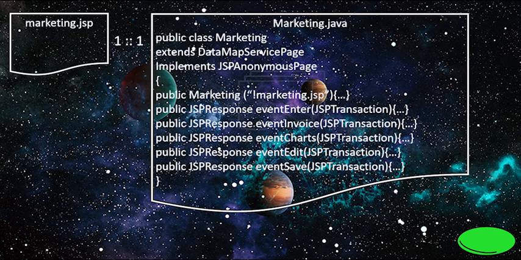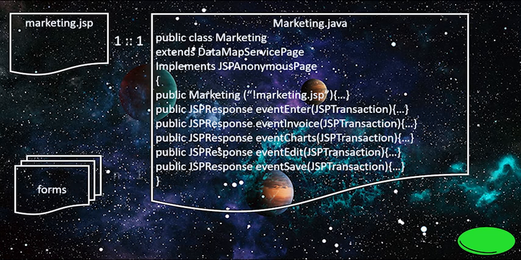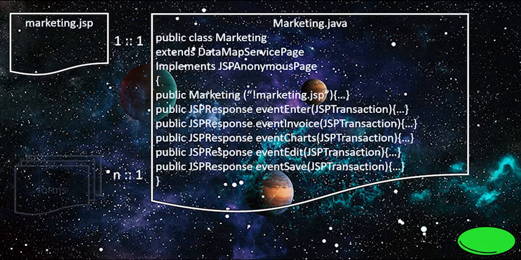The Java page may have multiple forms associated with it. There are no rules per se regarding relationships between forms, but the original purpose of forms is to make it easier for a user to view and comprehend a large data set that is associated with the page class by grouping segments or portions of the large data set into multiple forms.